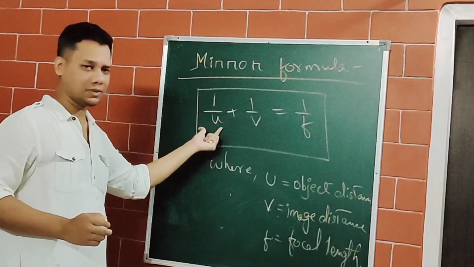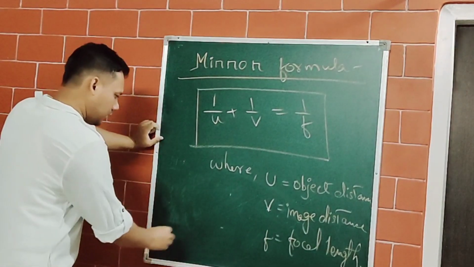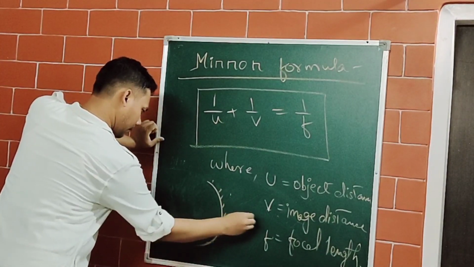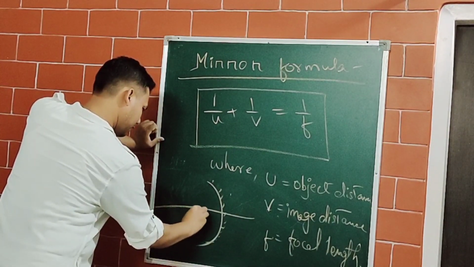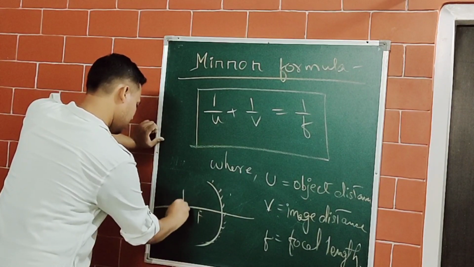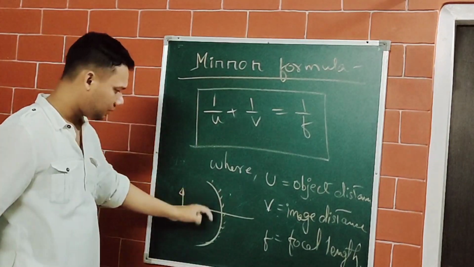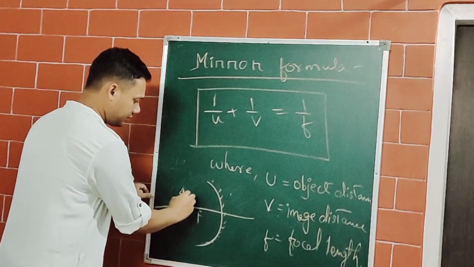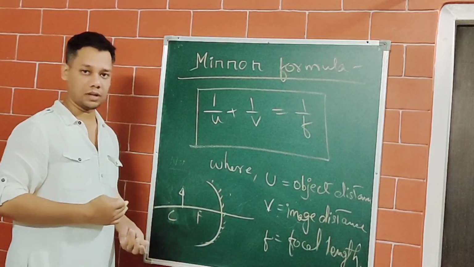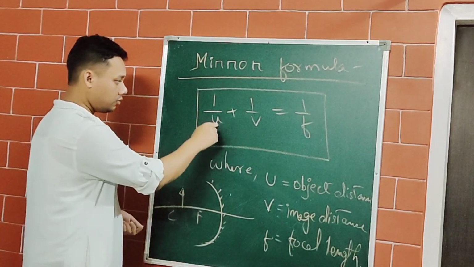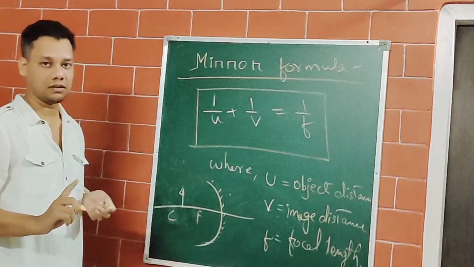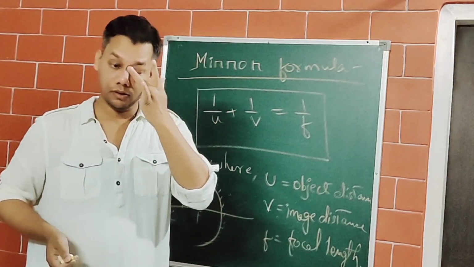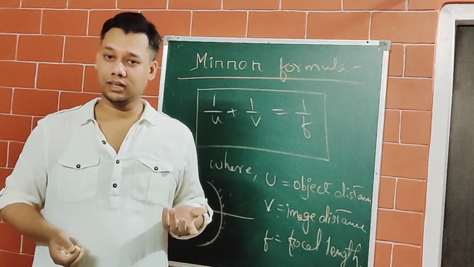So u is the object distance. How to take object distance? Suppose this is a concave mirror, with F and C. Suppose this is the mirror and the object is kept 15 meter in front of the mirror. So u will be 15 meter. We will also see the sign convention, where to take positive and where to take negative.